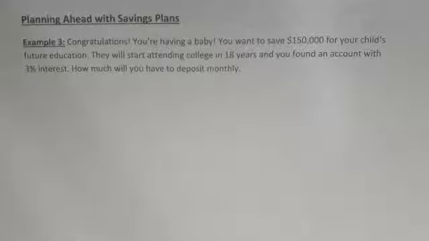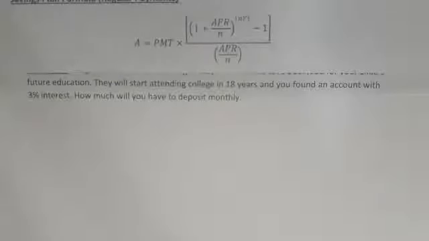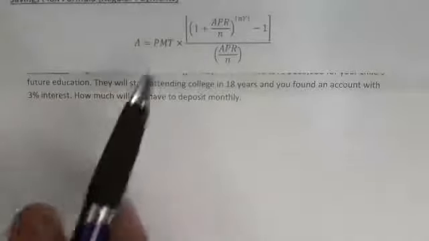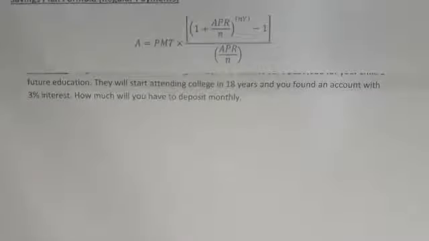And so you might notice, if we start looking at this formula, this is going to solve for the accumulated amount. They know the accumulated amount here, and what we want to solve for is payment. So this is payment times some junk.